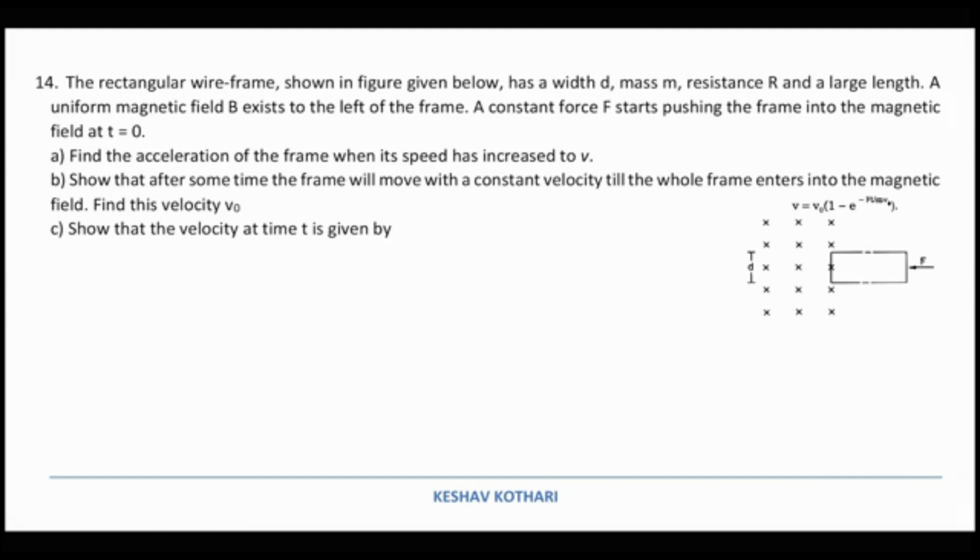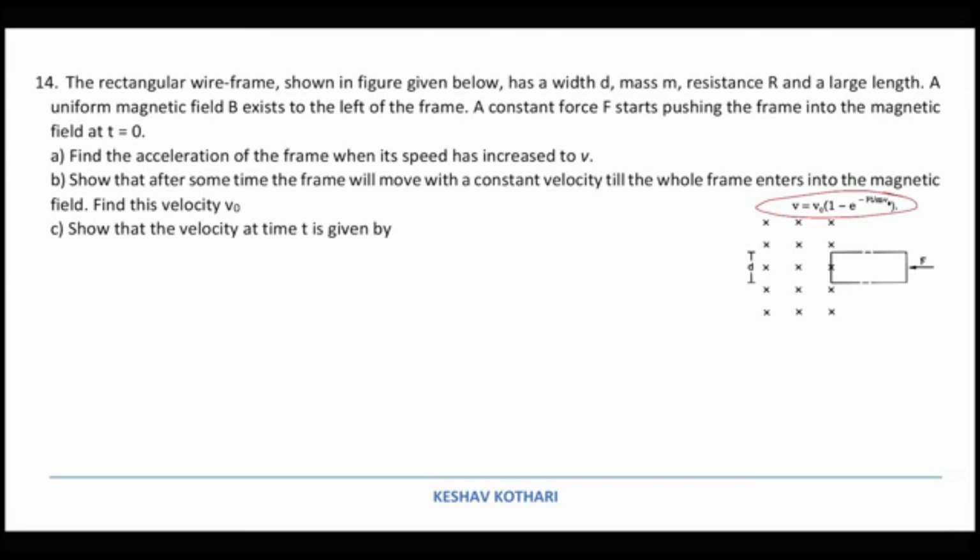Show that after some time the frame will move with a constant velocity till the whole frame enters into the magnetic field. Find this velocity v0. And the last part is asking: show that the velocity at time t is given by v equals v0 times 1 minus e to the power minus Ft upon m v0. So this is the expression which is to be proved.